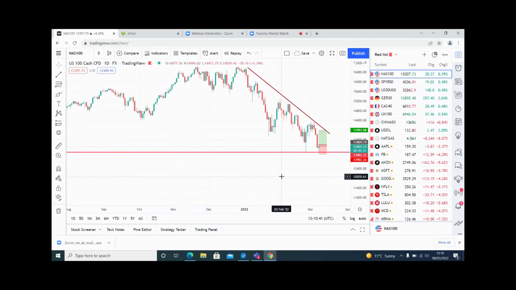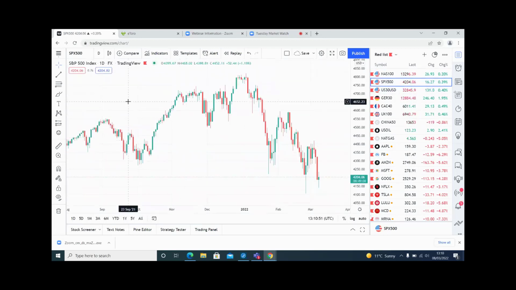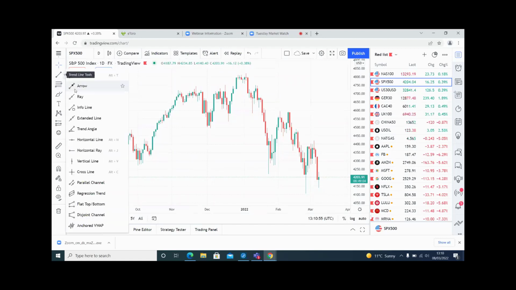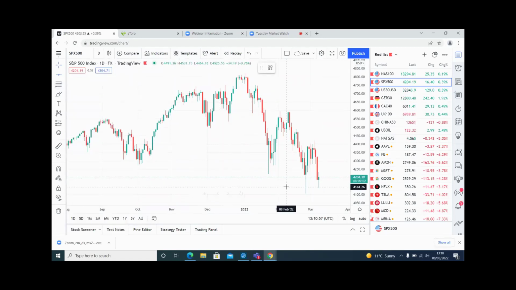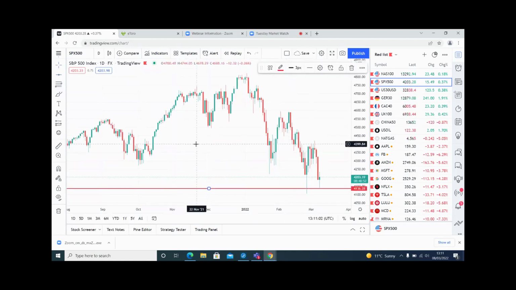Even though it looks pretty valid, it's not something that would jump out at me to take. If we look at the S&P, we actually have a much better level on the S&P. Or the Dow. One of them has a decent level.